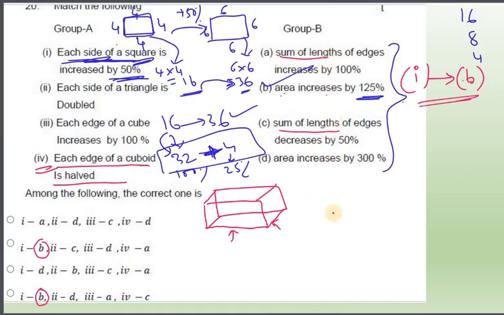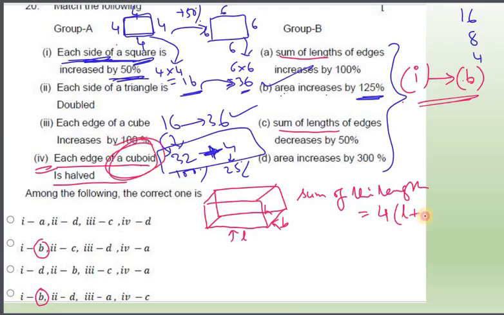If you add all the length, breadth, height, for all the edges, what is the formula? 4 multiplied by, this is for a cuboid, not a cube, cube is different. 4 into L plus B plus H.